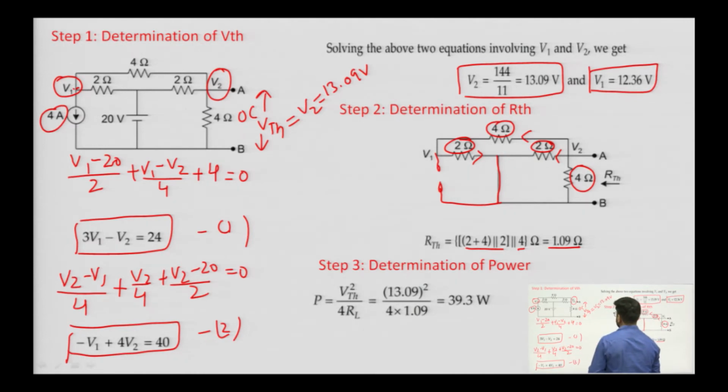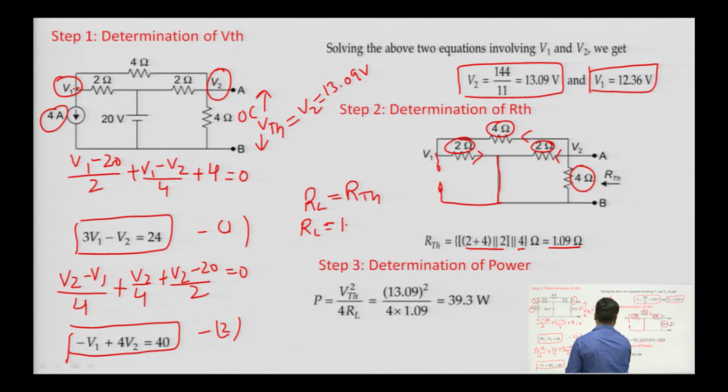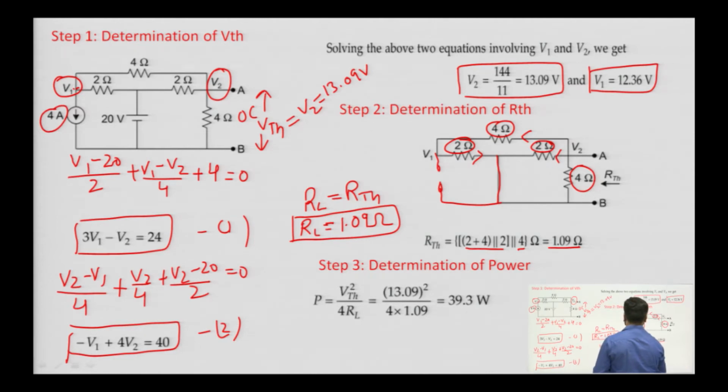So, for the maximum power transfer theorem, RL must be equal to RTH. For the maximum power transfer theorem, RL must be equal to 1.09 ohm. So, this must be the value of RL, so that we can get maximum power. Now, what will be the maximum power?